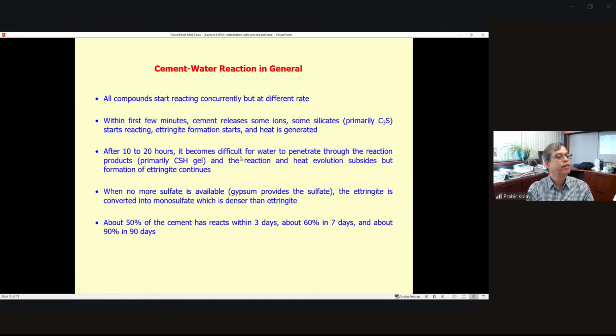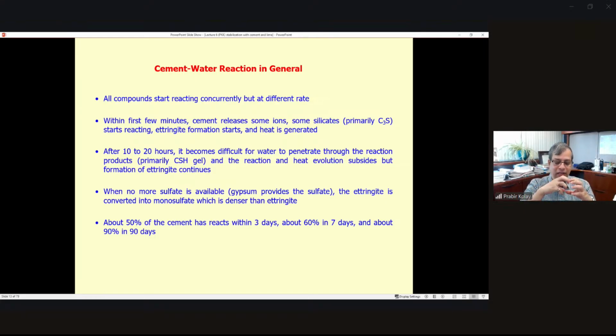After 10 to 20 hours, it is difficult for water to penetrate the reaction. Basically, it is forming a calcium silicate hydrate gel, and the reaction and the heat evolution subside, but formation of ettringite continues. Again, ettringite is not good when the clay has a lot of sulfur.